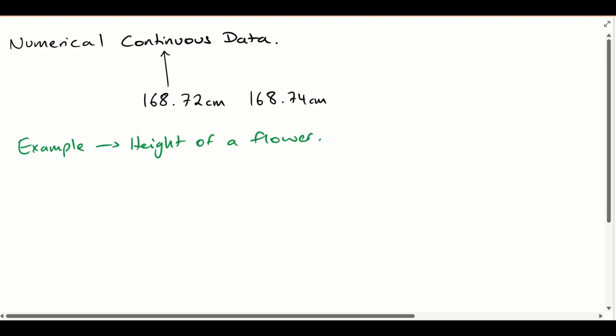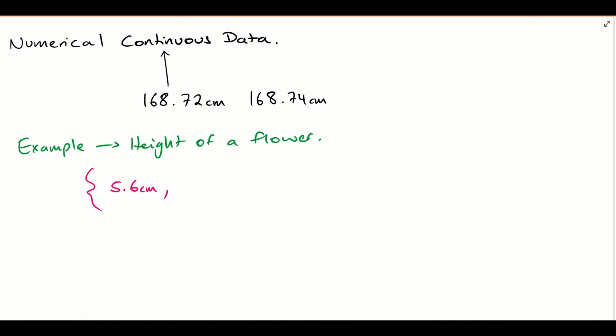My data set has one that is 5.6 centimeters, another that is 13.2 centimeters, another that is 16.9 centimeters, one that's 27.4 centimeters, one that's 29.3 centimeters, and one that is 34.6 centimeters.